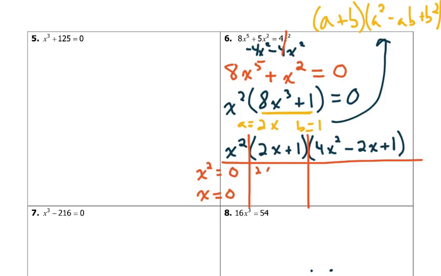Then 2x plus 1 equals 0. Subtract 1 from both sides, we get 2x equals negative 1. Divide by 2 on both sides. We get x equals negative 1 over 2. That's our next answer.